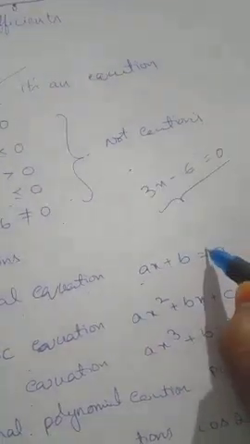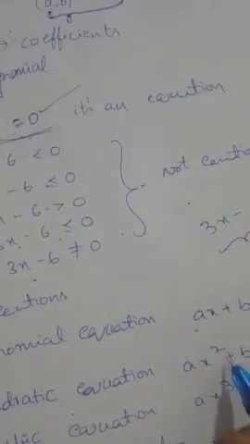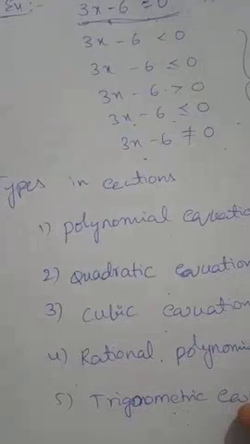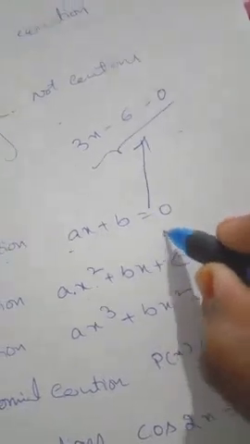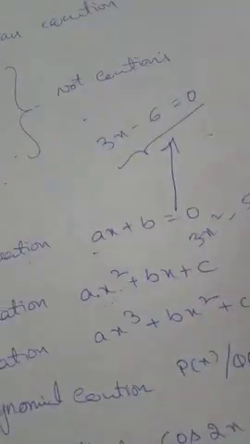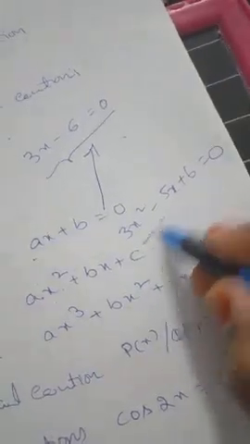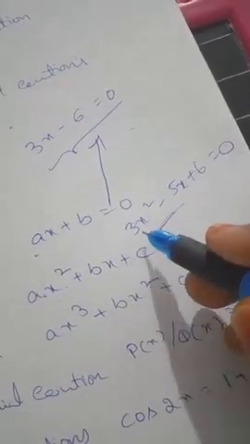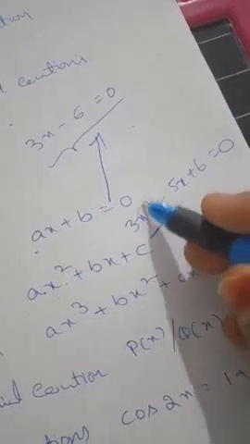If the variable has a square, then it is called a quadratic equation. For example, 3x square minus 5x plus 6 is equal to 0 is a quadratic equation. Quadratic equation means the variable's power should be 2.